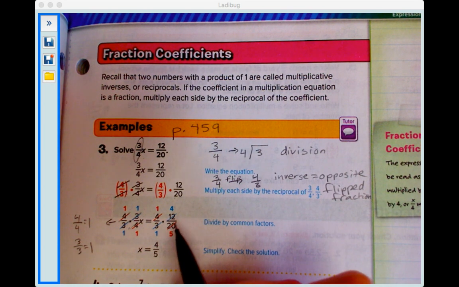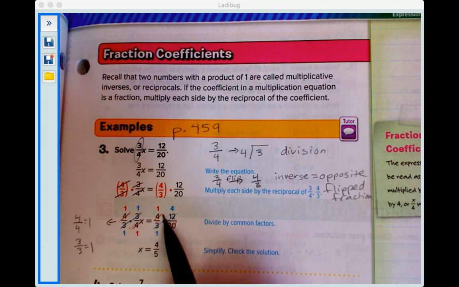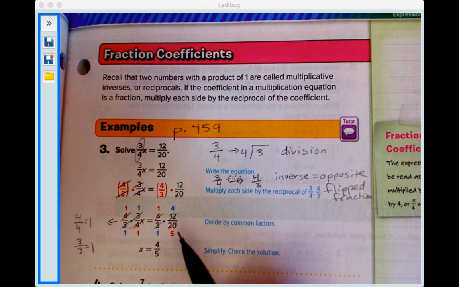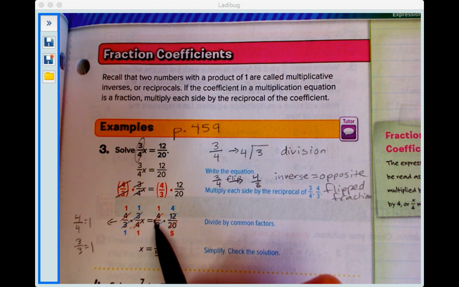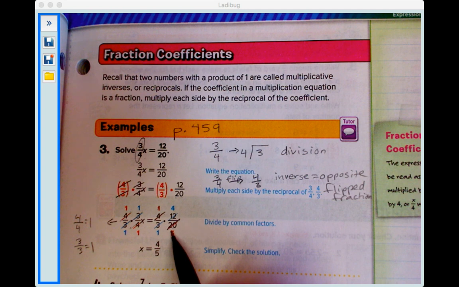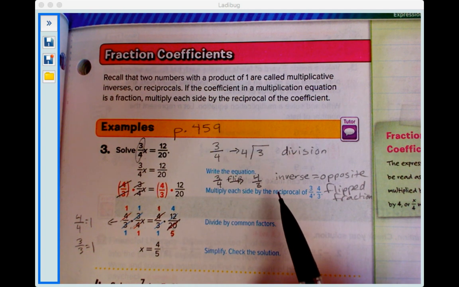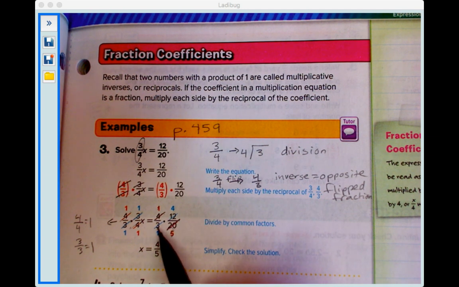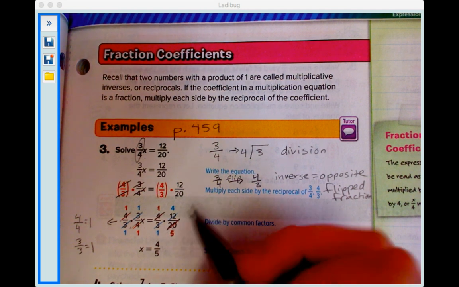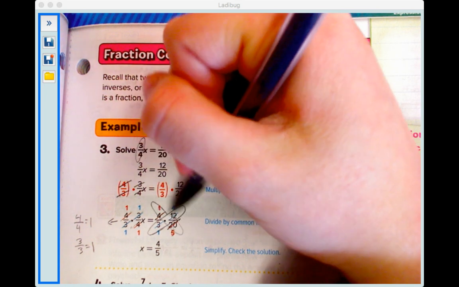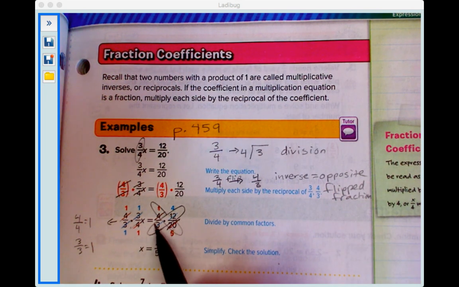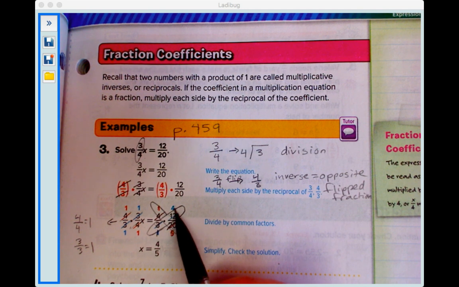Now, moving down here, they did cross off because 4 can go into both 4 and 20. So 4 divided by 4 is 1. 20 divided by 4 is 5. 3 and 12. Remember, we're doing cross multiplying here, or cross division here. 3 divided by 3 is 1, and 12 divided by 3 is 4.